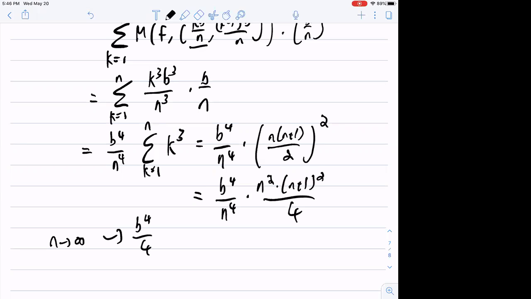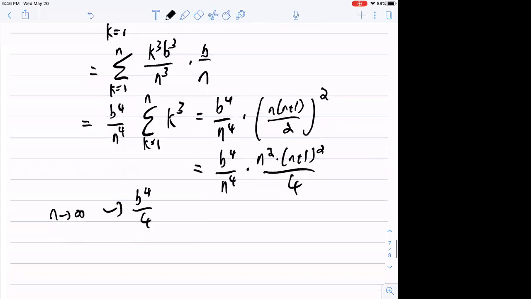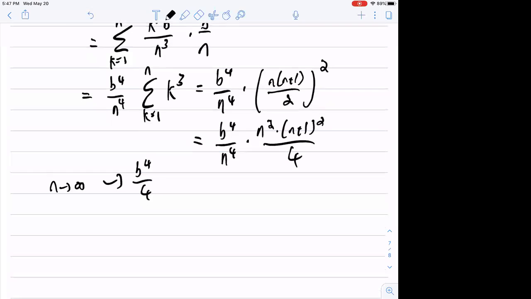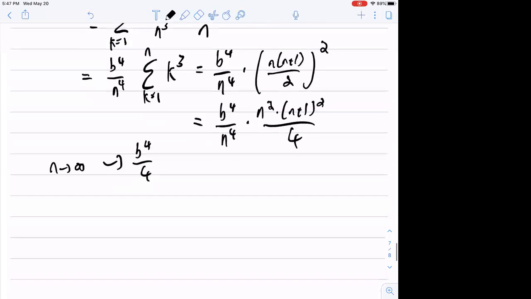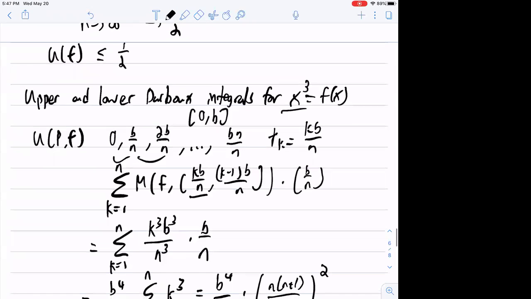So I know that since I'm taking infimum, and I found partitions going to b to the fourth over 4, my upper sum, U of f, is less than or equal to b to the fourth over 4, right? I mean, I don't know if it's equal. A priori, if you integrate x cubed, it's x to the fourth over 4, and if you evaluate at b, it's b to the fourth over 4.